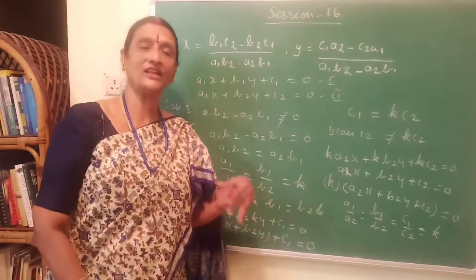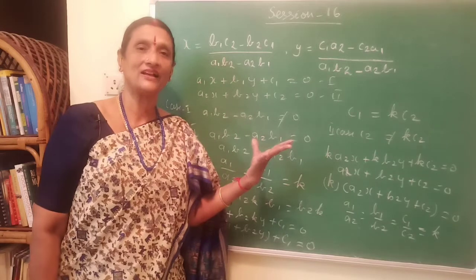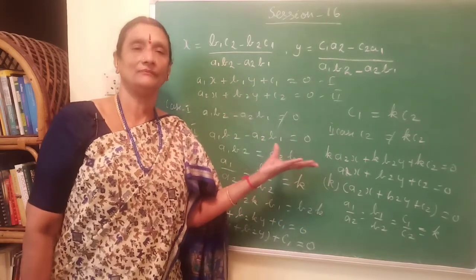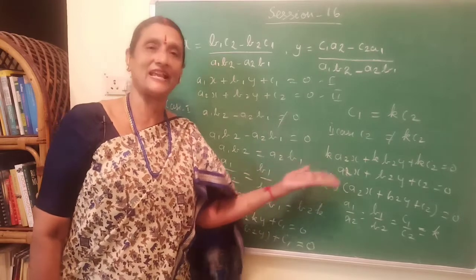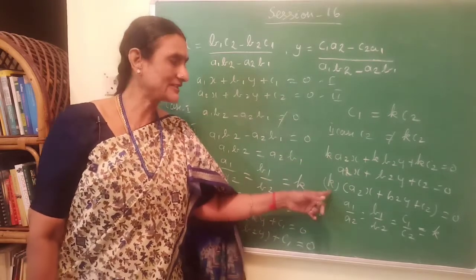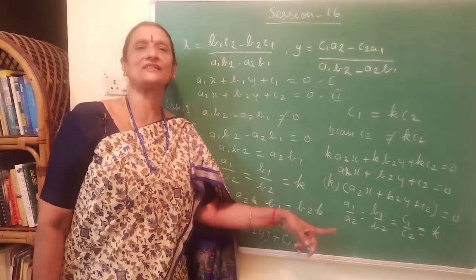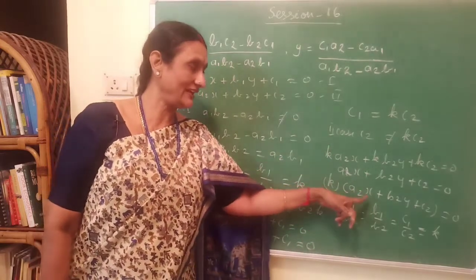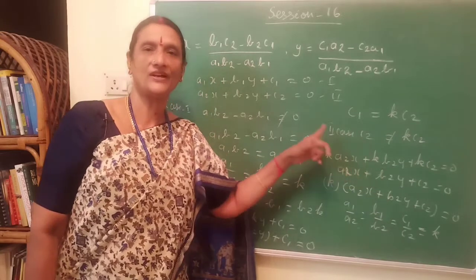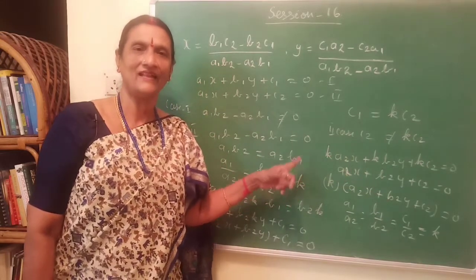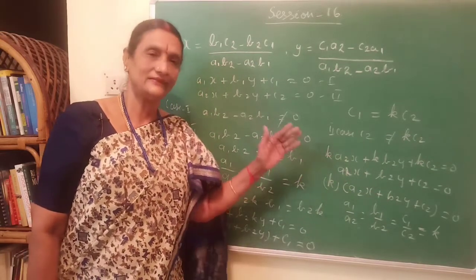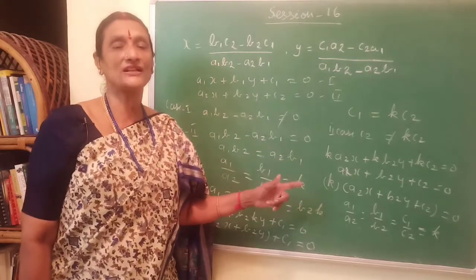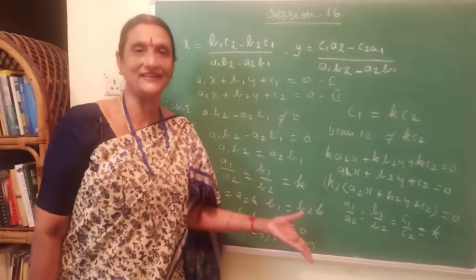We get one equation becomes the same as the other equation, except that k times you multiply the second equation, you get the first equation. Are you understanding? Is that clear to you? Now, in which case do you get the solutions to be infinite.